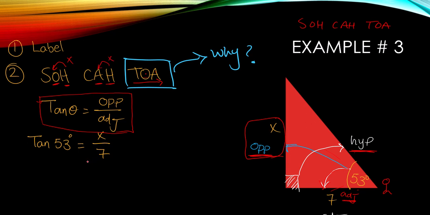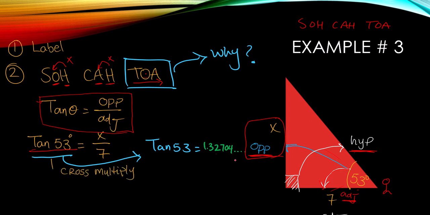Alright, so now we are going to try to solve it. Find what tan 53 is on your calculator. It is 1.32704. That's what you're going to get. So now I'm going to substitute.